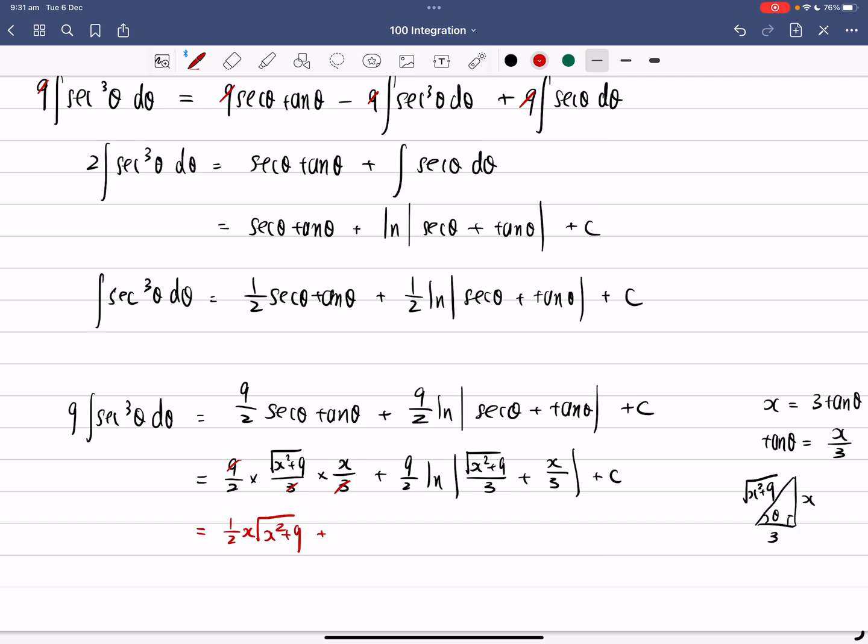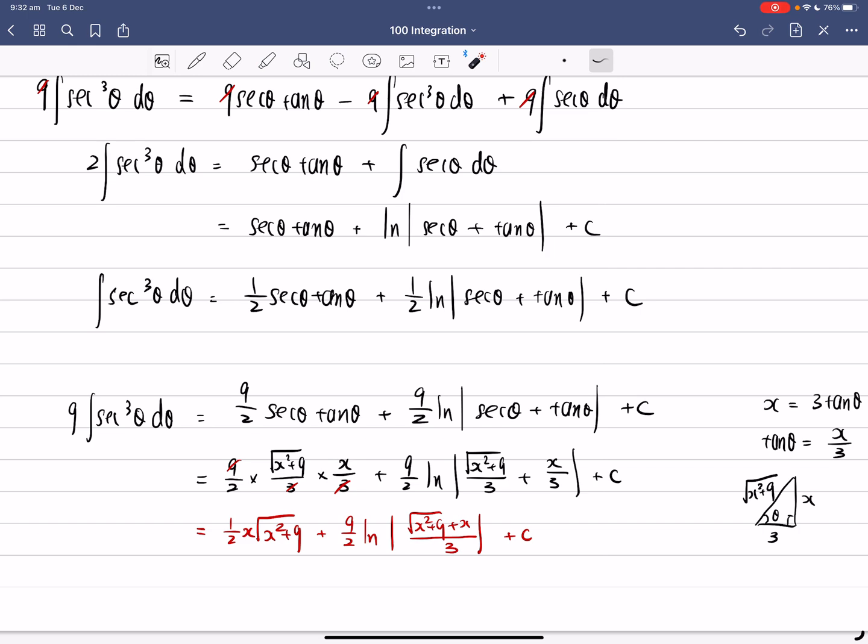we still need to simplify this one. Now to simplify this one, we can just make the same denominator here. So that just gives you 9 over 2 ln absolute value of the square root of x squared plus 9 plus x, over 3, and plus c.